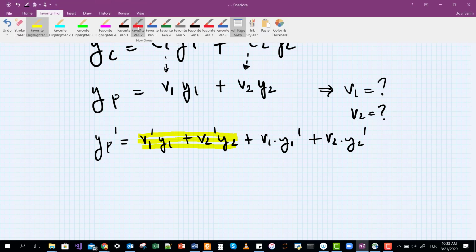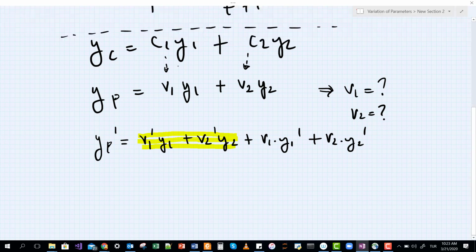Of course, assuming this part is 0 limits the solution space to the functions which satisfy this condition, but at least I'm going to have a simpler job to complete this process.